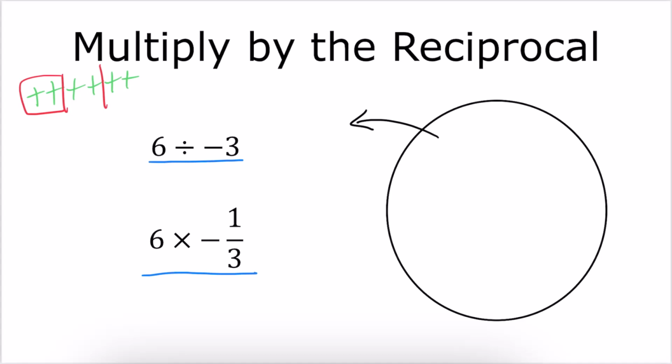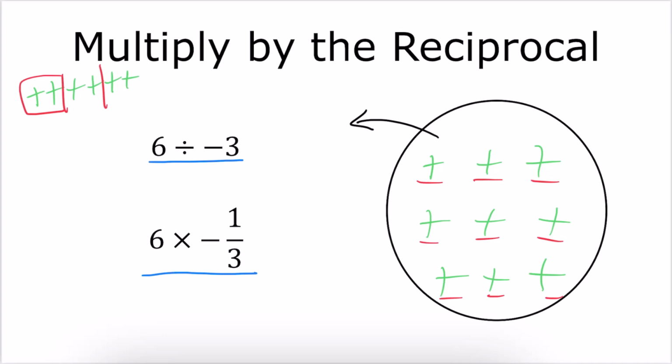And so the way that you would think about this is you would say, okay, I have all of my positive and negative pairs. So start off with a bunch of those. So my starting amount is 0 because all of my positives and negatives are equally balanced. And then I'm going to be taking away a third of a group of +6.